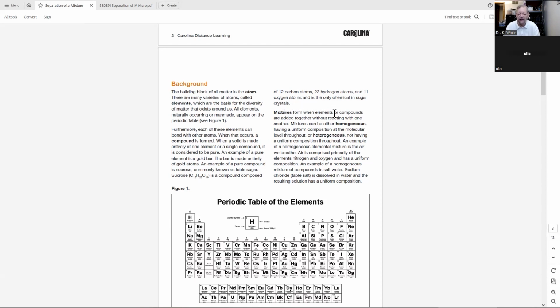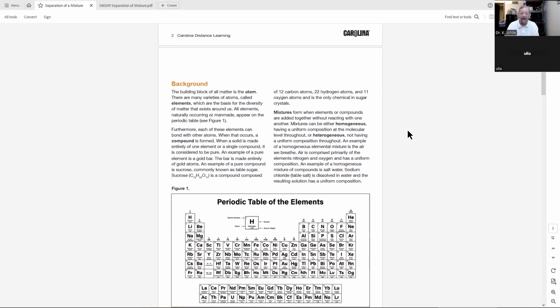Mixtures are when you have elements and compounds added together, as I just said, without reacting with one another. And the mixtures can be homogeneous, the same throughout the composition, or heterogeneous, not having a uniform composition throughout. Homogeneous, as I've used, the air we breathe.